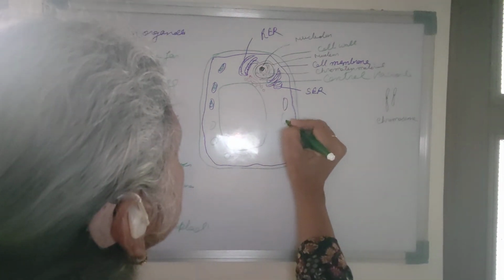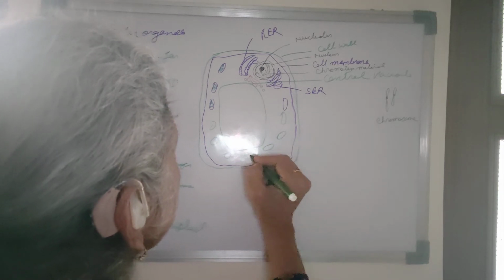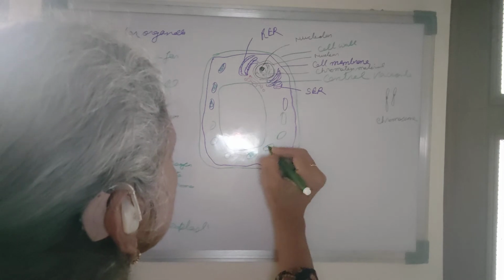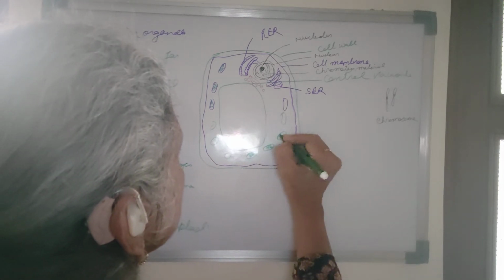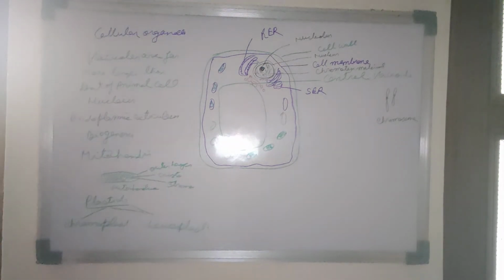Chromoplasts are the plastids which have pigments.